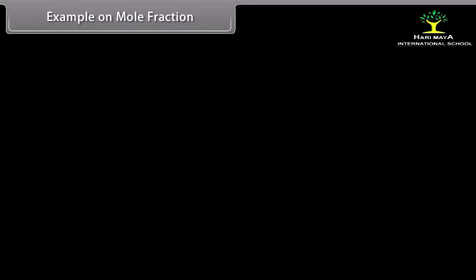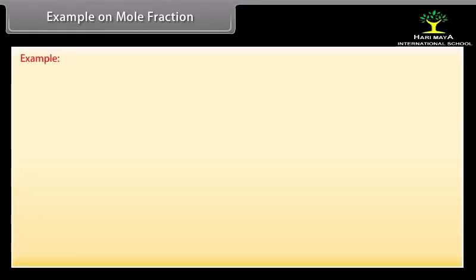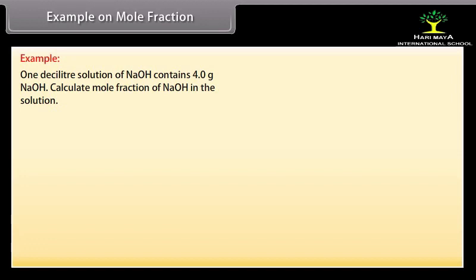Example on mole fraction. Let's take an example of mole fraction. 1 deciliter solution of NaOH contains 4 gram NaOH. Calculate the mole fraction of NaOH in the solution. Let's see the solution. We know that 1 deciliter solution is equal to 100 cubic centimeter of solution.